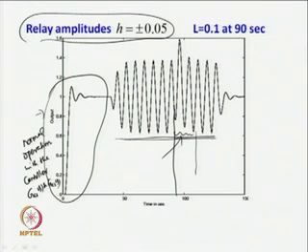But of course, after a few cycles, almost after 3 cycles, the normalcy is restored and the sustained oscillatory output becomes symmetrical. Okay.